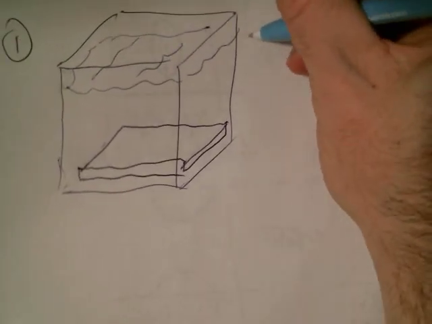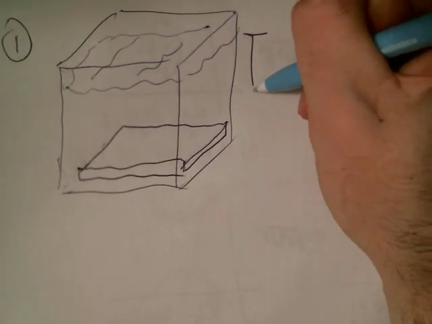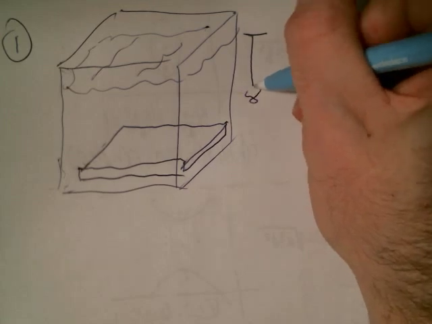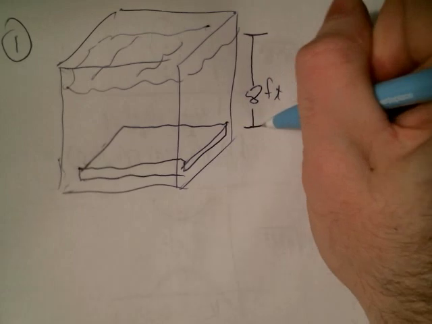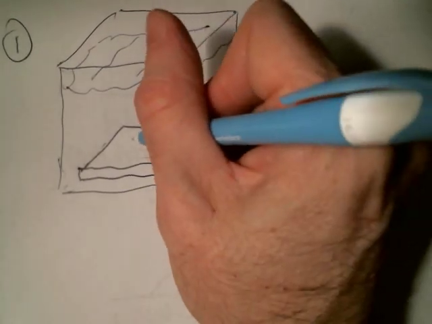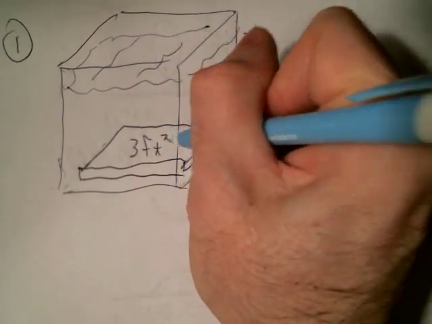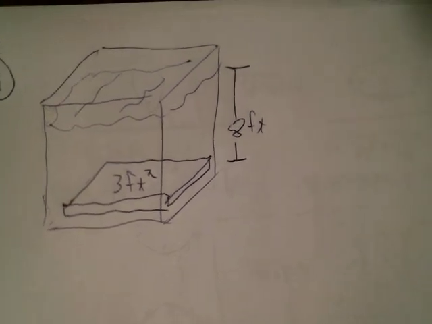They tell us the depth of the metal is 8 feet below the surface, and the surface area is 3 feet squared. They want to know the fluid force.